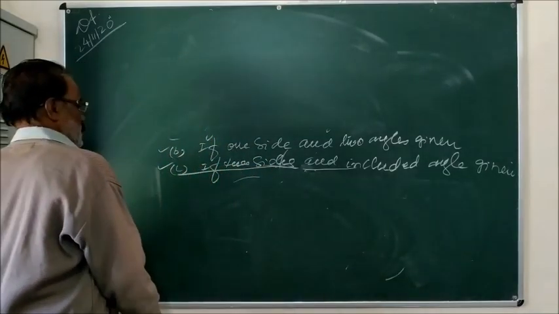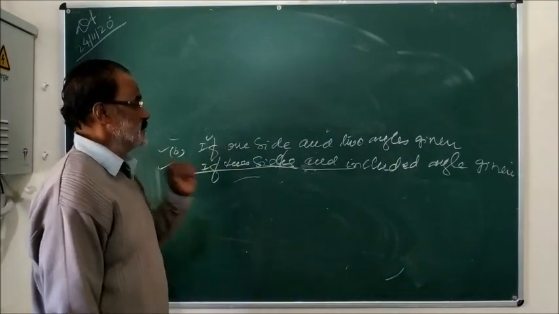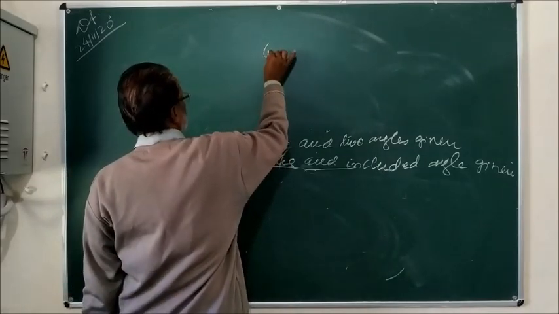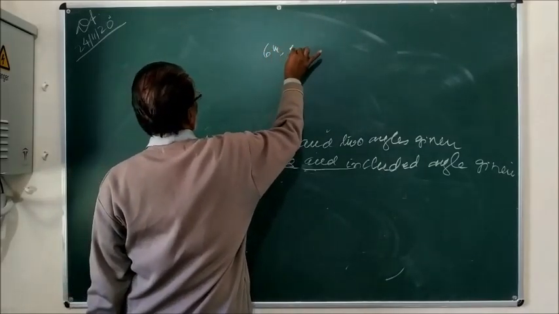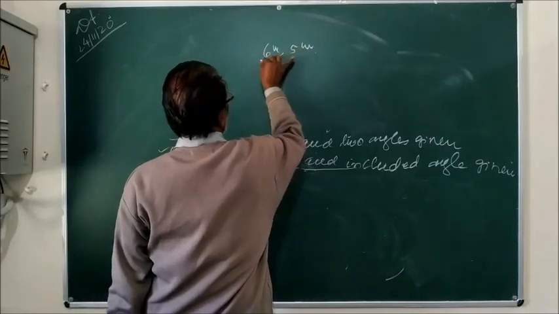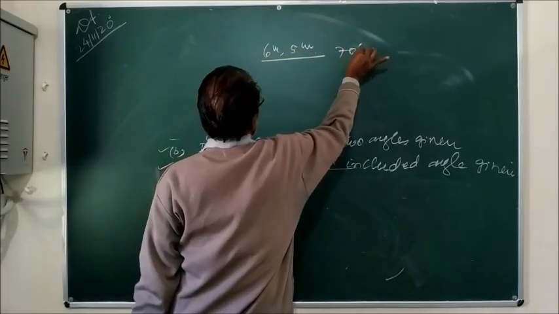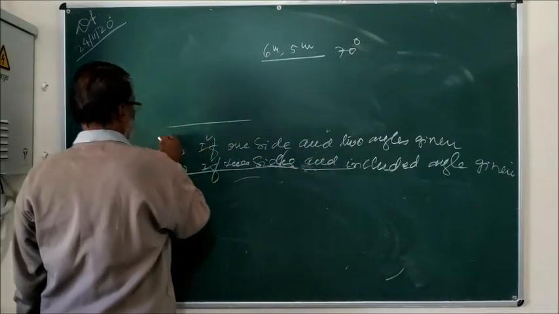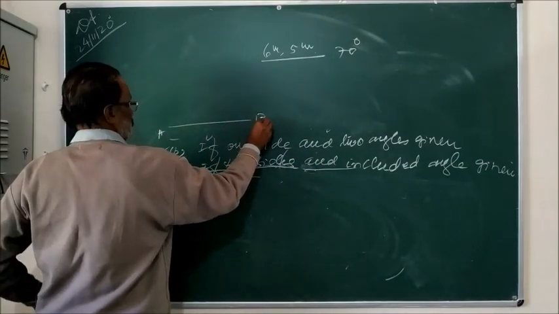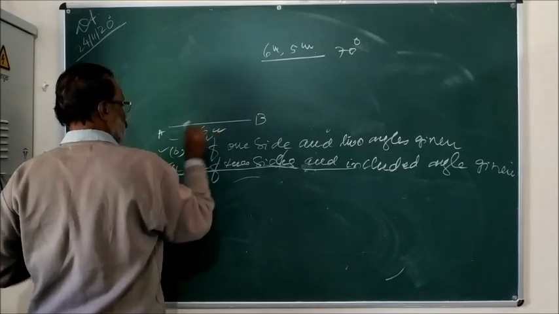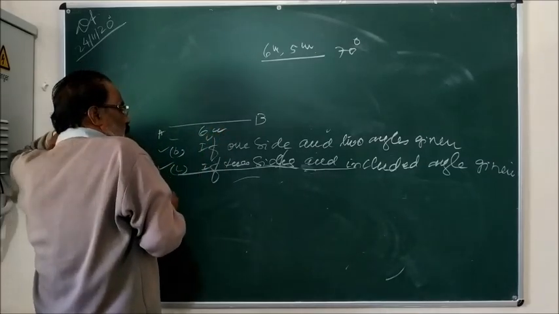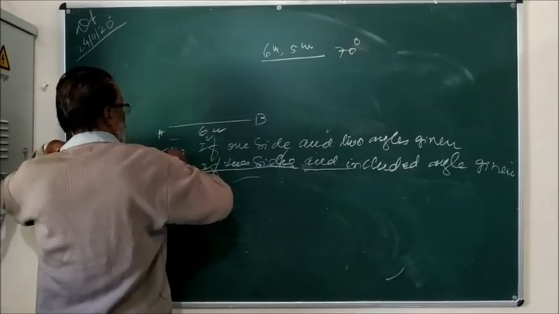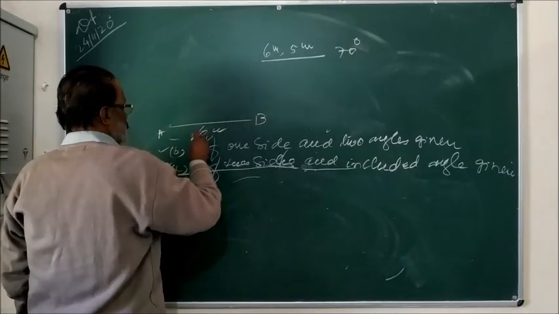Now you see the last method: two sides and the included angle. Suppose the two sides are 6 cm and 5 cm, and the angle between them is about 70 degrees. What will you do? You draw the 6 cm side. The included angle, that is, the angle between the two sides, is 70 degrees.